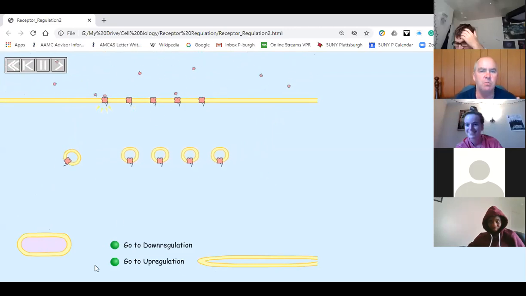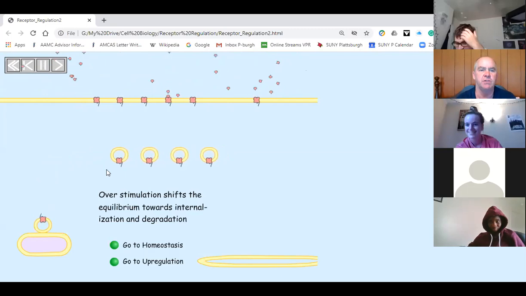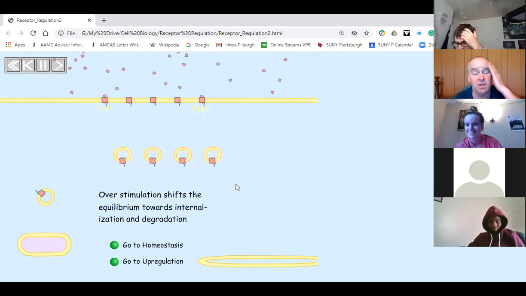So now let's throw a whole bunch more neurotransmitter in there. These little bouncy things are neurotransmitter. Let's watch how much more we got now. Boom. Now we got a lot of stimulation. And so because the cell is being overstimulated, it's going to start degrading receptors and internalizing them. We're not putting any more out. We're not making any more.